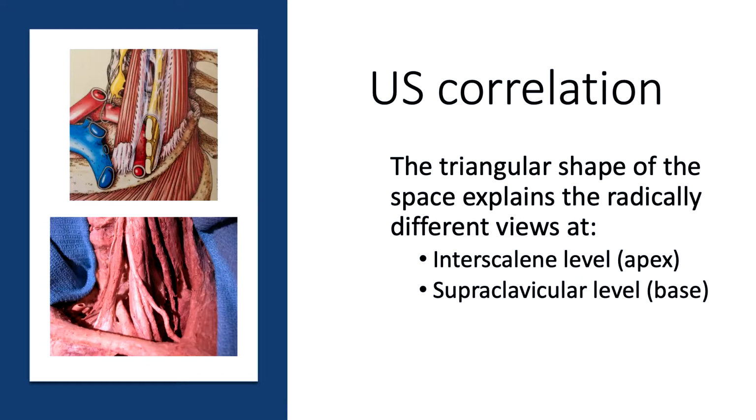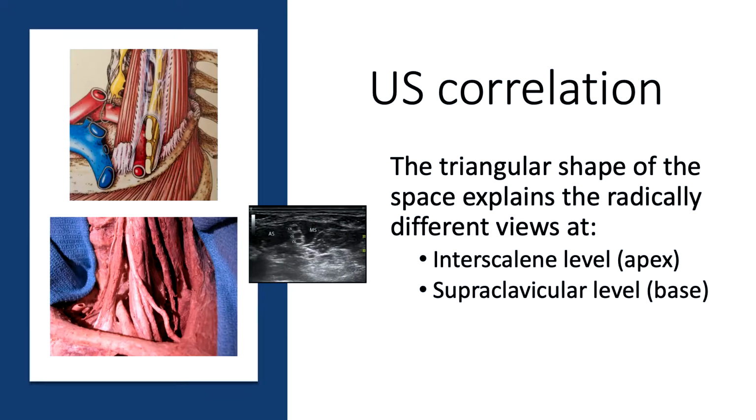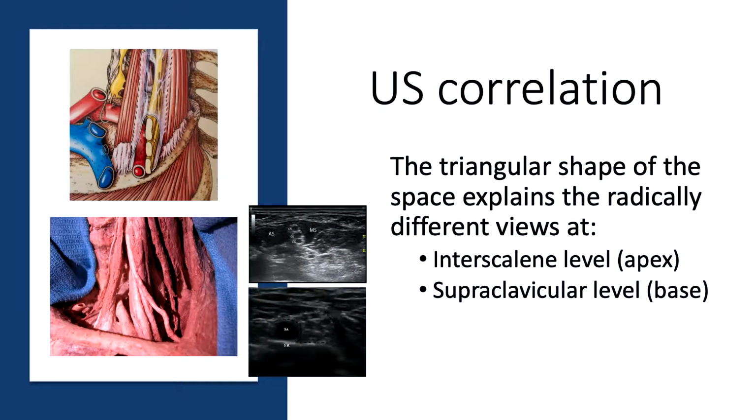Now, this triangular shape of the interscalene space explains the completely different views you get just a few centimeters apart. When you put the probe right there above the clavicle, you see the wider portion of the space. You see the subclavian artery, and then you see the arrangement of divisions located posterior or lateral to the artery.